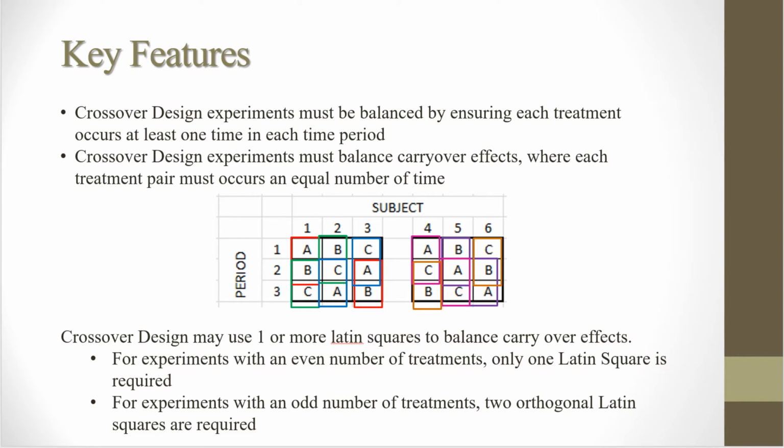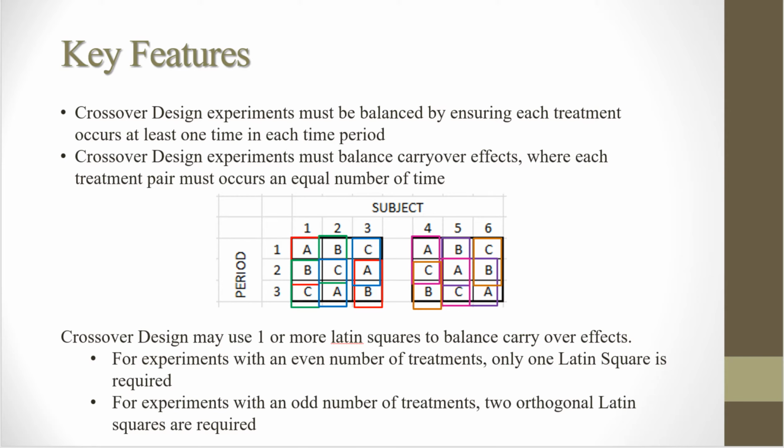Some key features of the crossover design can be seen here. Firstly, crossover designs must be balanced by ensuring that each treatment occurs at least one time in each time period. And crossover designs must also balance the carryover effects, where each treatment pair must occur an equal number of times throughout the experiment.